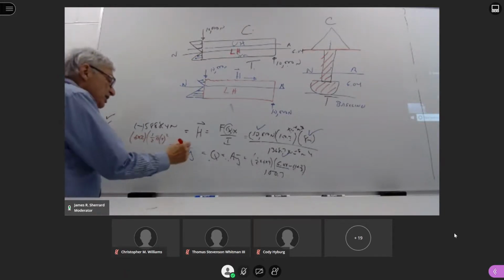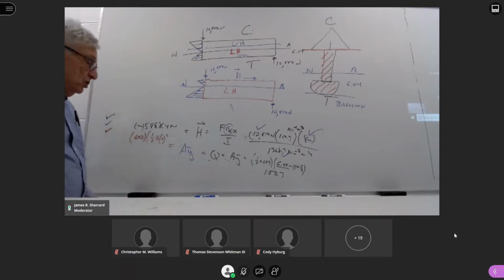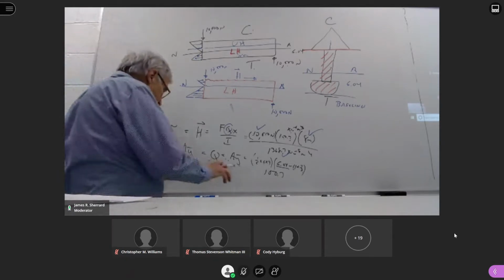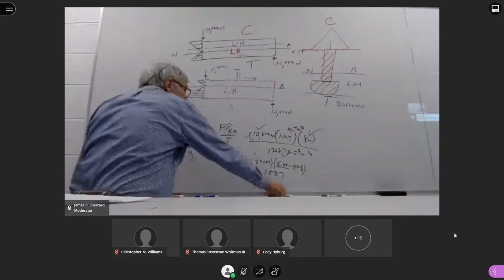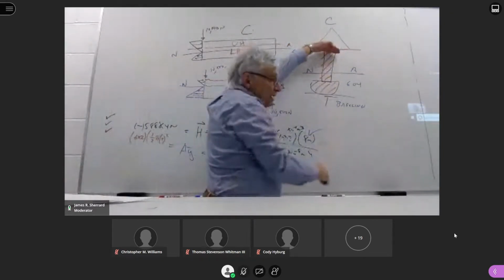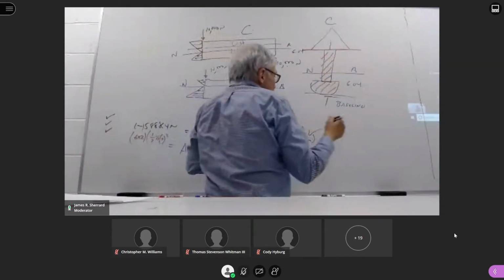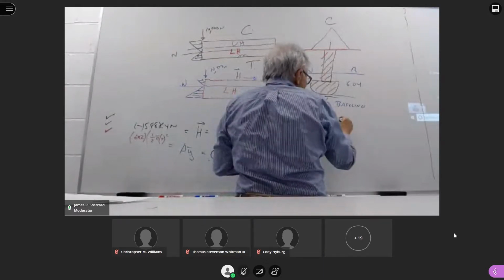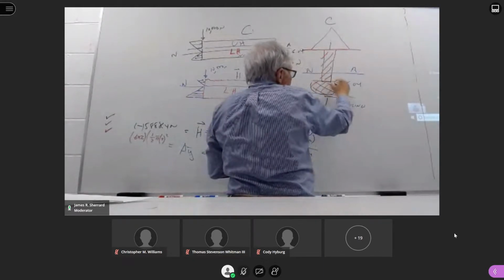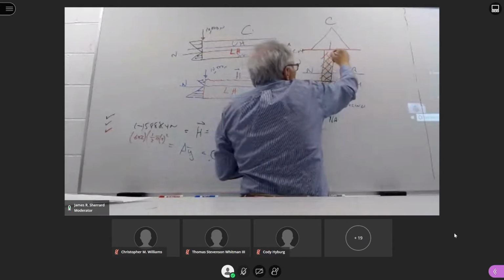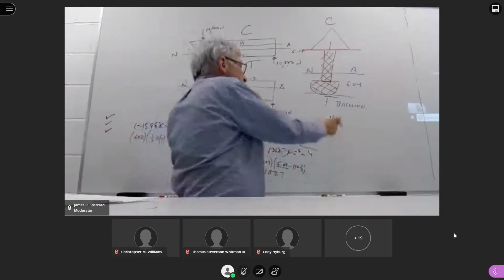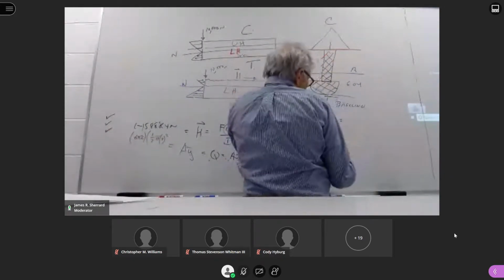Okay. Then we need its centroid, and the centroid is the centroid of this shape here. So we have to do a little new neutral axis for just the area of interest. The nice thing is we still have our baseline.